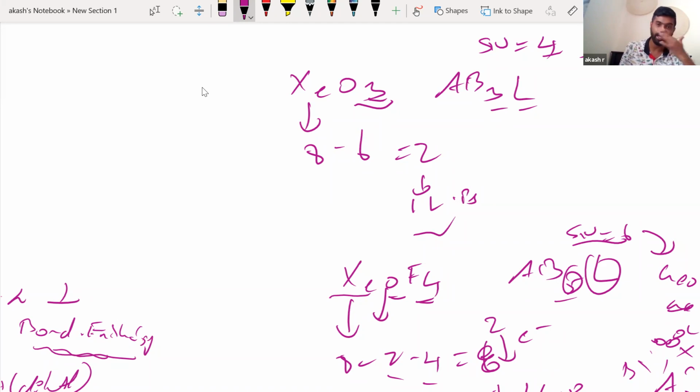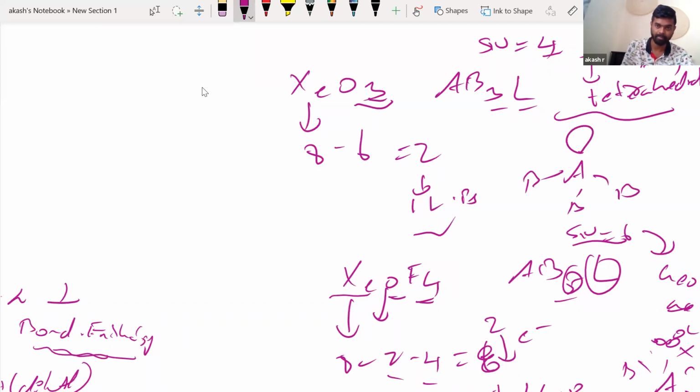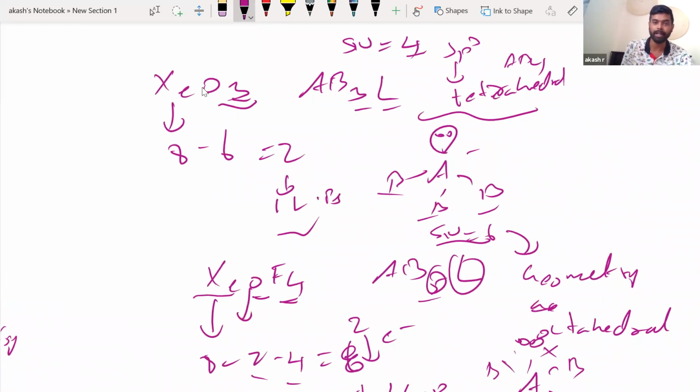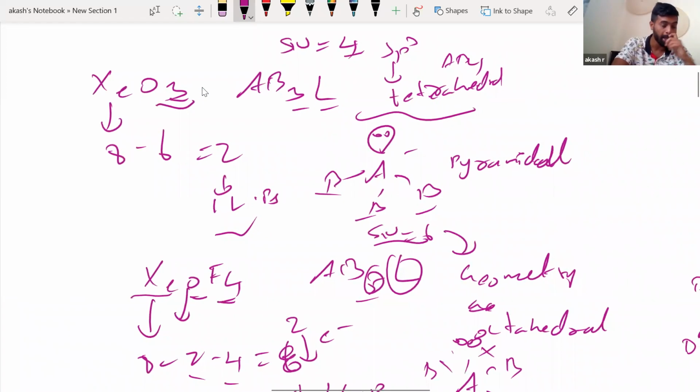Anyways, if it was AB4, it would have been tetrahedral. But it is not, so this is how it will be: 3 bonding atoms and 1 lone pair. These kinds of structures, AB3L, the geometry or shape is what is called pyramidal.